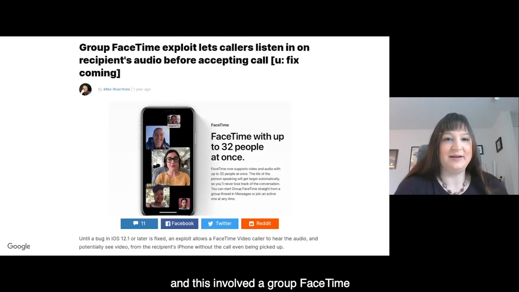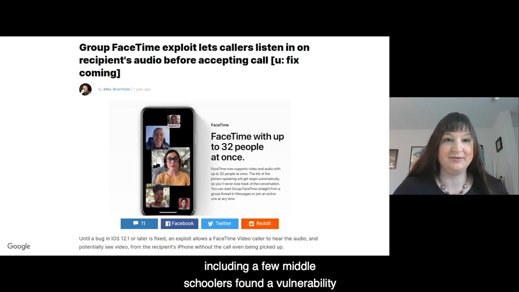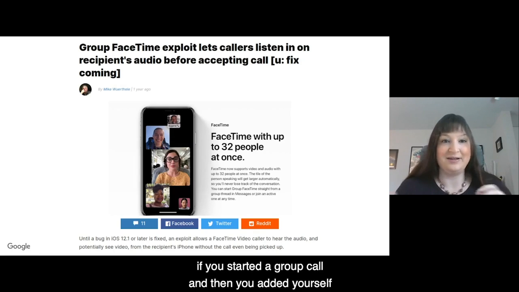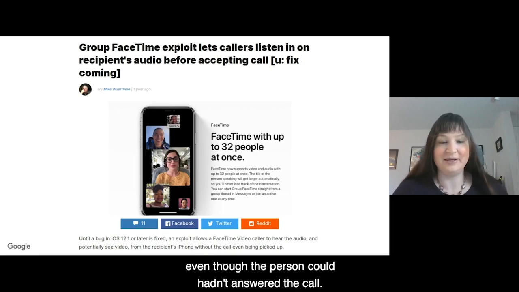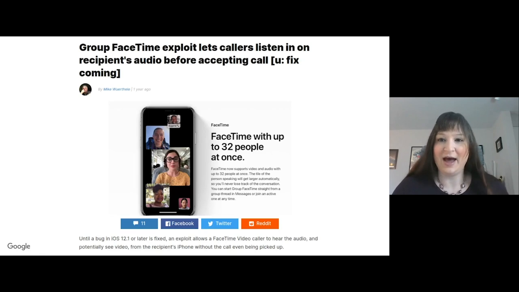And then there was another incident, and this involved group FaceTime. And basically, a number of people, including a few middle schoolers, found a vulnerability in FaceTime where, using your phone, if you started a group call and then you added yourself, it would connect that group call even though the person hadn't answered the call. So this was a very different vulnerability.